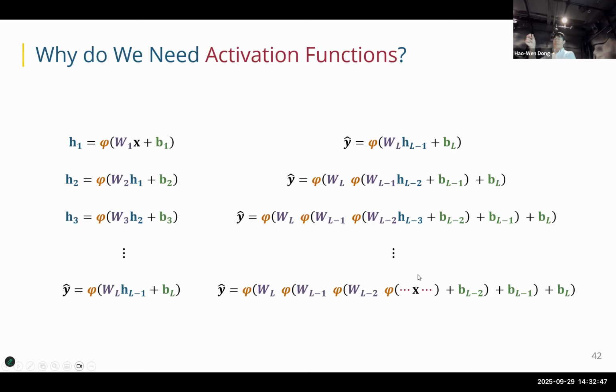So you have x, you apply a matrix, bias, and then nonlinearity. Then you take this and apply weight, bias, nonlinearity, weight, bias, nonlinearity, expanding L times until you reach the final layer. So, technically, as we said, a neural network is just a set of functions from x to y.